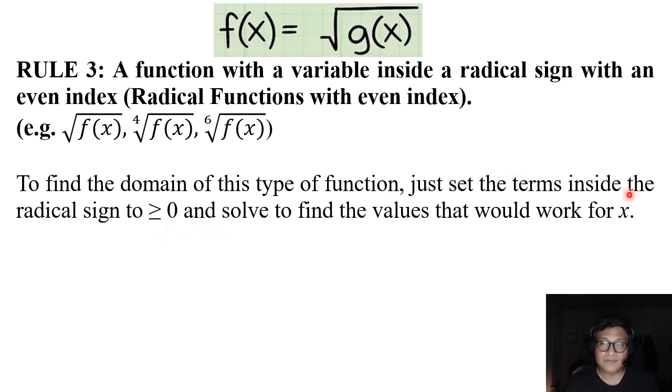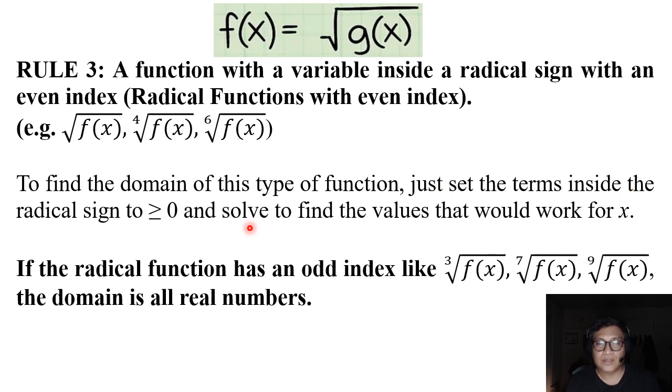So if we have radicals whose indices are odd numbers, like the cube root of a function, the seventh root of a function, the ninth root of a function, or the fifth root of a function, then the rule is we don't have to solve for the value of x to find the domain.